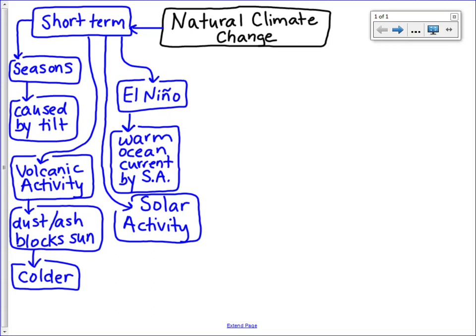Solar activity in this sense refers to the number of sunspots, and the number of sunspots corresponds to how active our sun is. The more sunspots, the more active the sun, the more solar storms, the more northern lights.